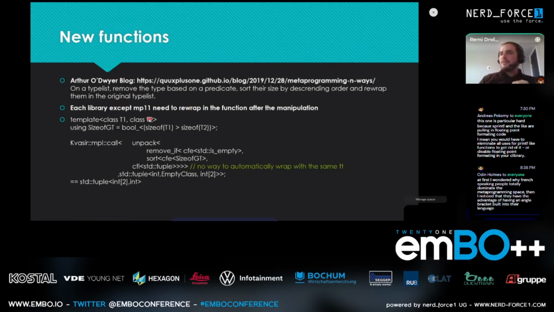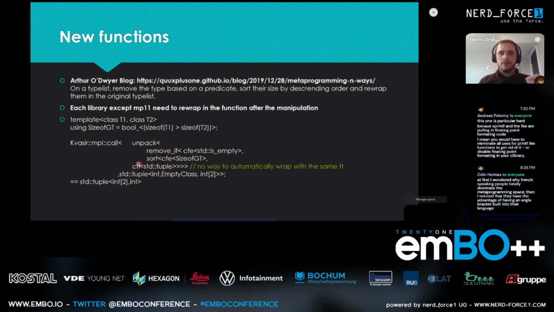But the problem is that this is a Kvasir MPL library. The Kvasir MPL way to solve this problem is that you start with std tuple of int, empty class, int2. So you unpack the tuple, so you only have the types. You remove those that are empty. You sort them by this predicate. And then, and that's the problem, you wrap it inside tuple.